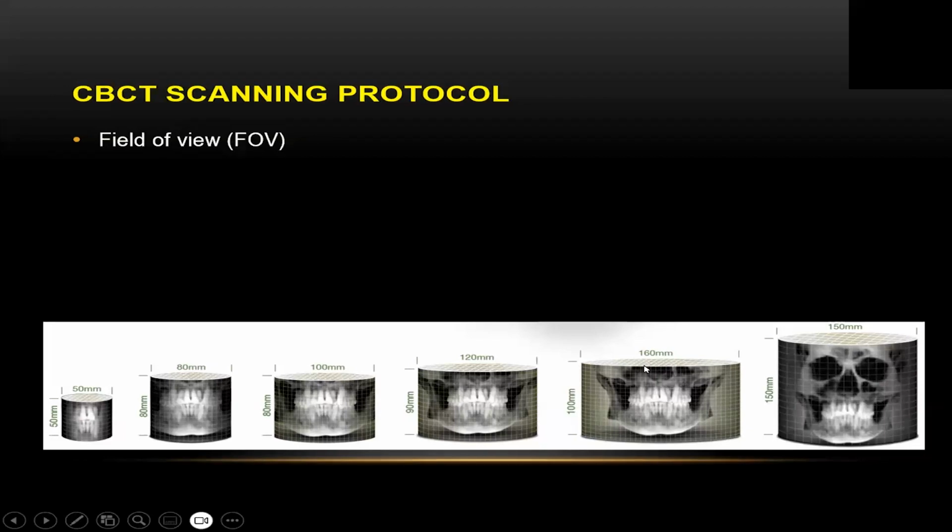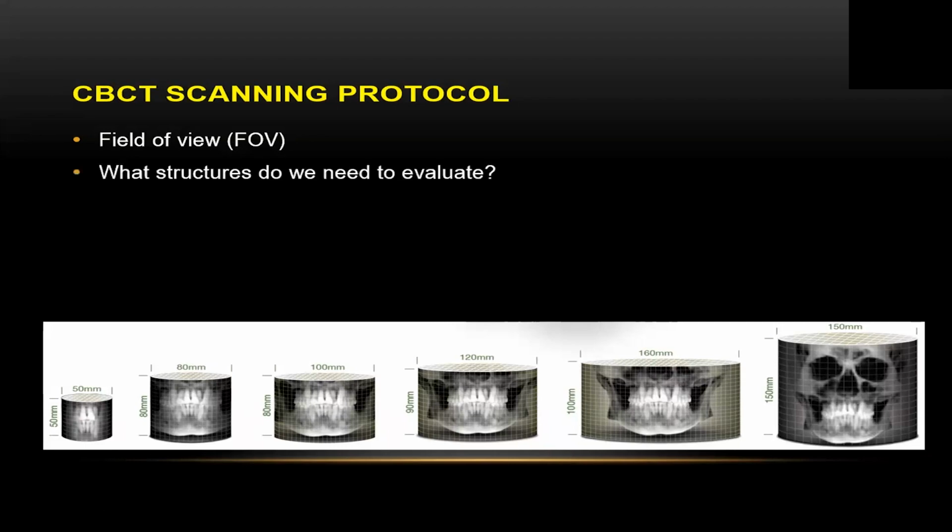Whereas a scanner which is imaging something like this, the second image on your screen, might not give you complete information of maxillary sinuses or frontal sinuses. So again, depending on what you want to image, you might have to select the appropriate field of view on your CBCT machine.